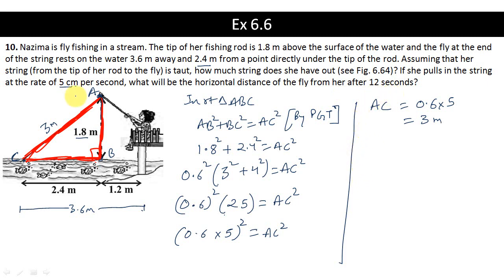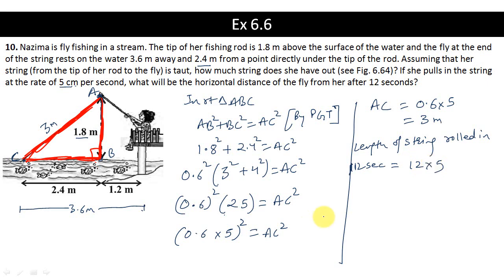So if she is rolling in at the rate of 5 centimeter per second, she would have rolled the length of string rolled in 12 seconds. This will be 12 multiplied by 5, because she was rolling 5 centimeter in 1 second.